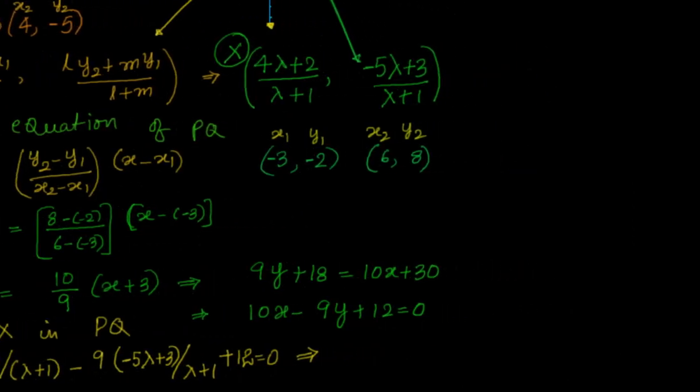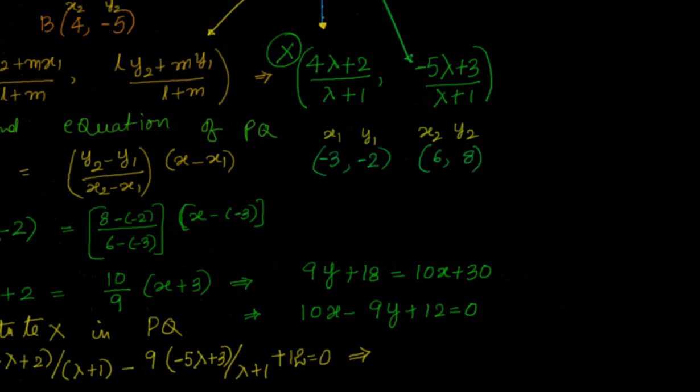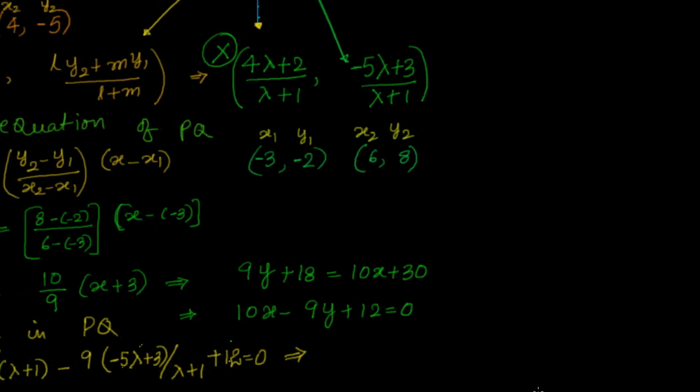So how it looks like? Let us write it down. So it will be 10 into 4 lambda plus 2 minus 9 into minus 5 lambda plus 3 plus 12 into lambda plus 1. How we got this? Because we have multiplied with lambda plus 1 throughout. Now simplify this.